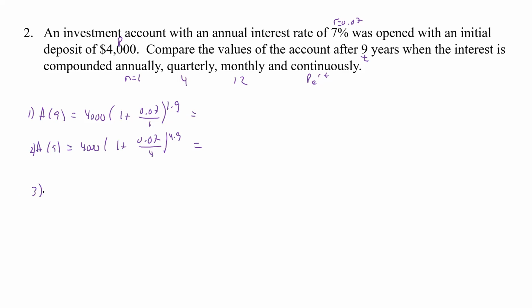And then A of 9 equals 4,000 times 1 plus 0.07 over monthly, which is 12, to the 12 times 9. And then the last one, that's going to be A of 9 equals P e to the 0.07 times 9. Okay, so let's go get those values.